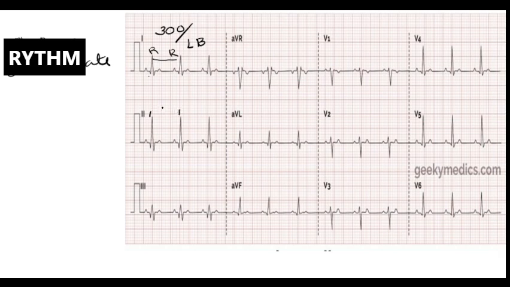In that case, to calculate the heart rate, we take an ECG strip of 30 large boxes, like 1 2 3 4 5 6 7 8 9 10, like that. Then we count the number of R waves in it. So in this case, let's say 1 2 3 4 5 6 7 8 9 10 11 12.